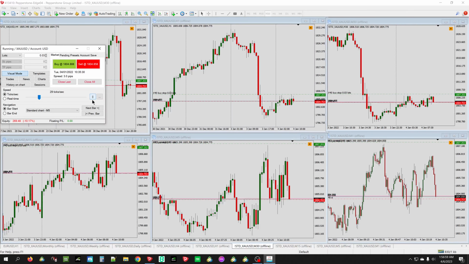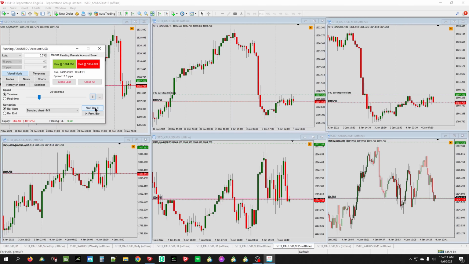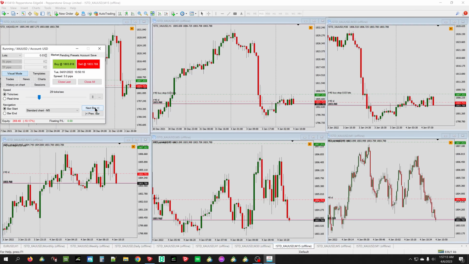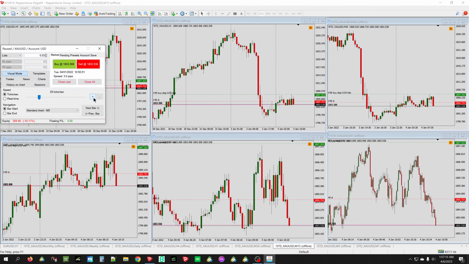Now I am just waiting for prices to either break below the 1803 area or above the 1807 area. I will just fast forward, and just patience is required.